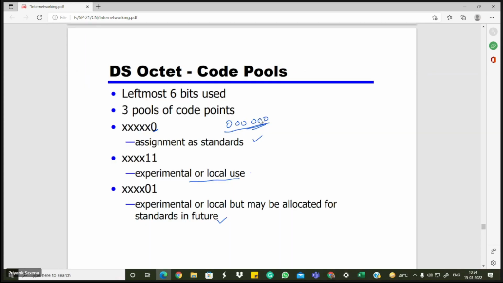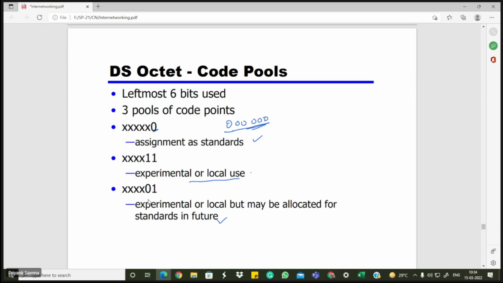So generally these packets will be allowed to pass only whenever the link capacity is available, right? If it is not available, or if a higher priority packet is there, that will be given precedence over these.